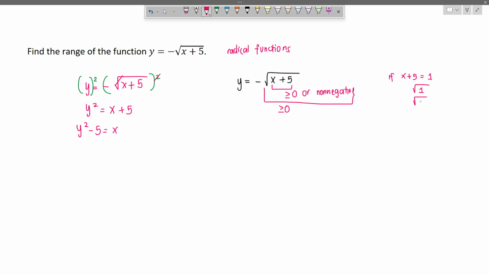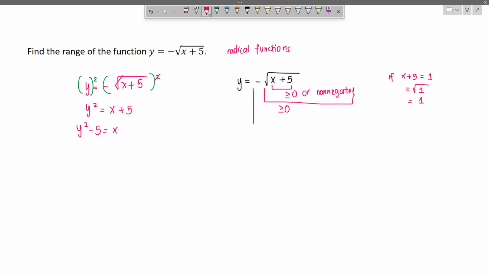So if we get its square root, it's just equal to 1. So it's still a non-negative number. Okay. So you can plug in any non-negative value. If you get its square root, the result is also non-negative, or greater than or equal to 0.